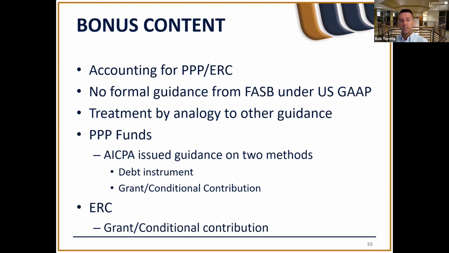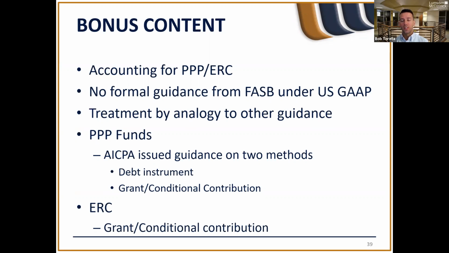Or on the flip side, the analogy to a government grant or conditional contribution, where you receive the cash and refundable advance up front, but recognize the income from forgiveness when the company believes it has met all the required conditions for forgiveness, even if it's before the bank has awarded formal approval. Employee retention credits are very similar and follow the grant or conditional contribution analogy.